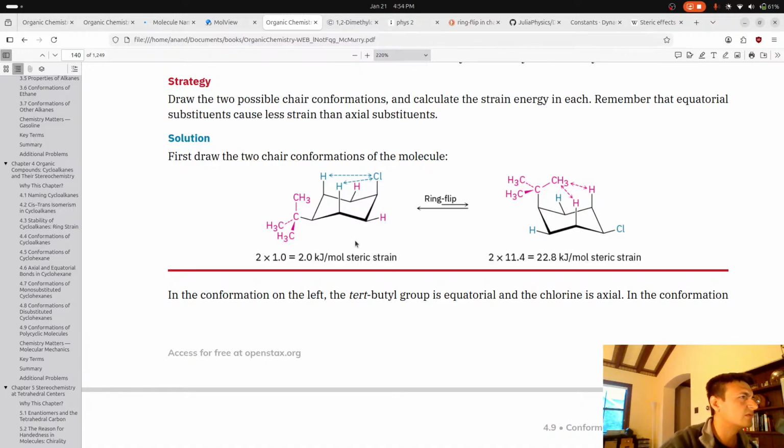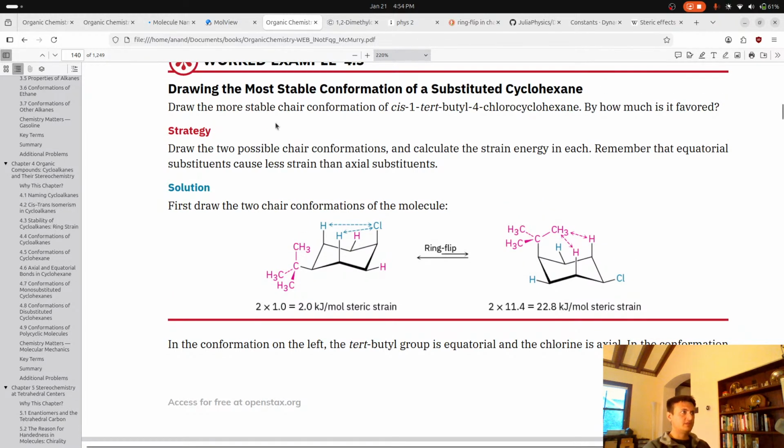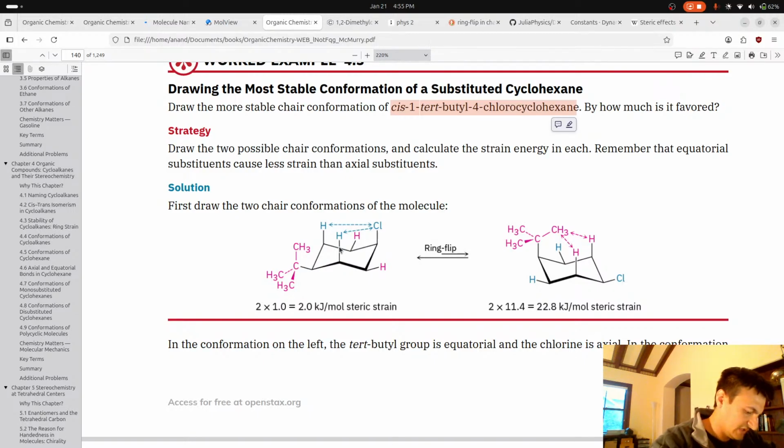Wait, what was the problem? Oh, wait. I drew the trans form.